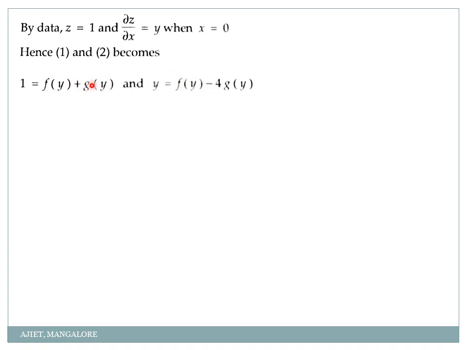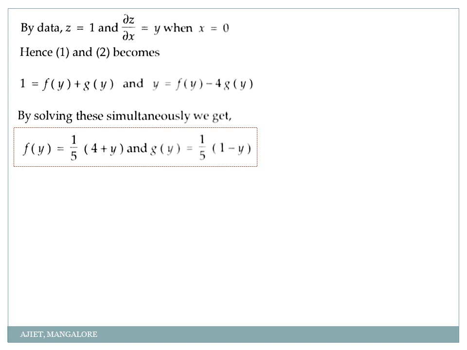Tell me. Can I add and subtract directly? Is it possible? See, if you subtract, I'll tell you a simple way. If you subtract, won't this f(y) get cancelled? And won't I get the value of g(y)? Yes. Once you get the value of g(y), you can substitute in either this equation or this equation and get the other solution. Okay, left to you. Just see how I am doing.